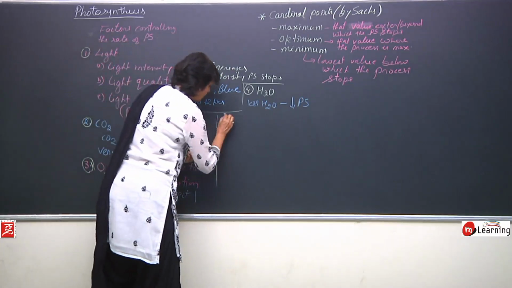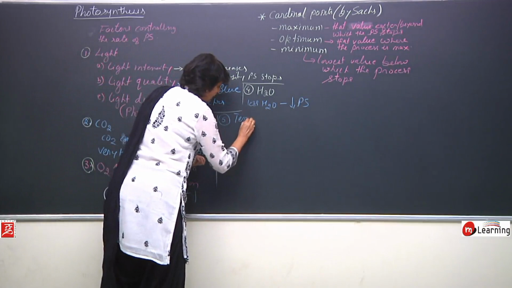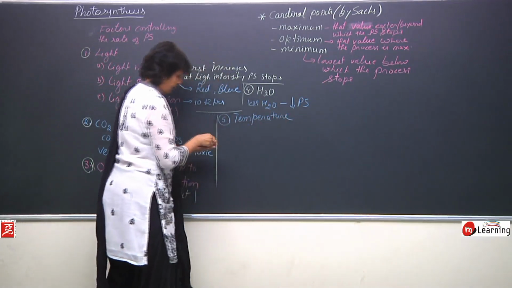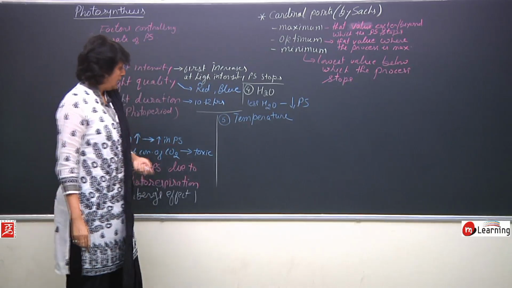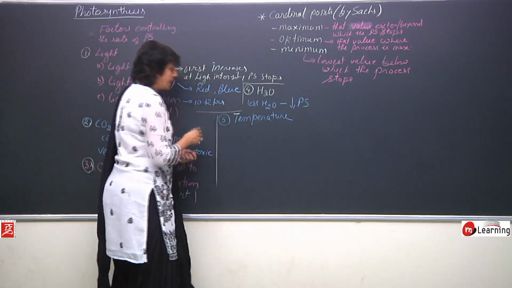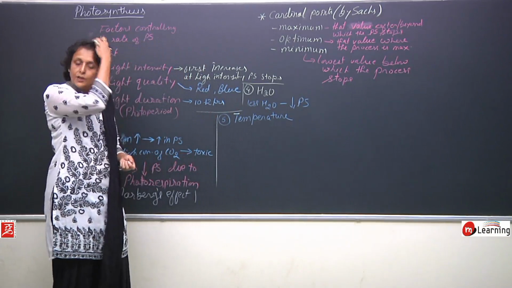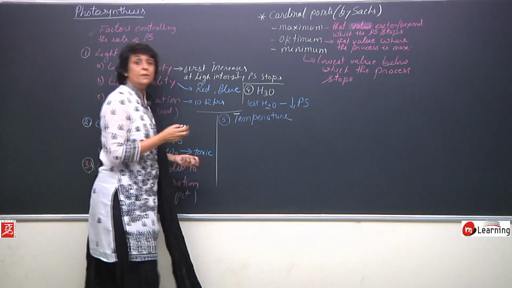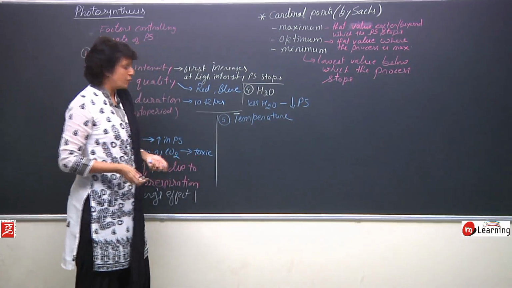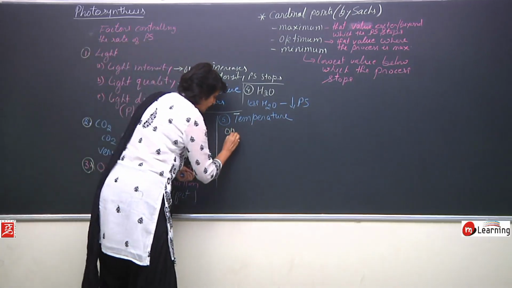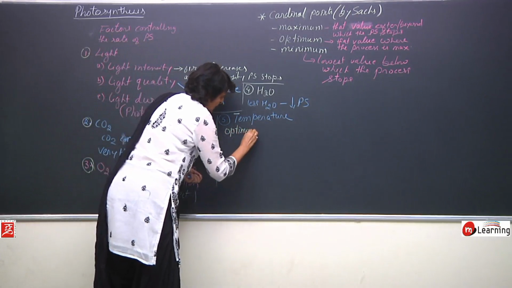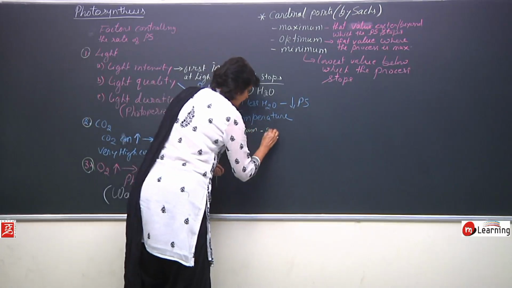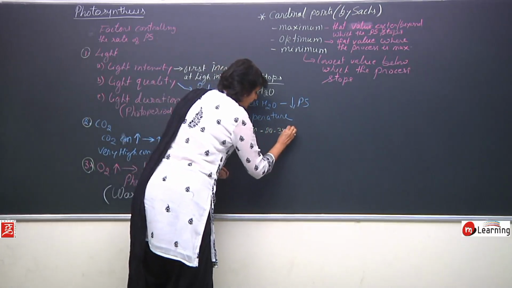One more factor which we can talk of is temperature. When we are talking of temperature, the temperature at which photosynthesis is optimum for most of the plants is 20 to 35 degrees Celsius.